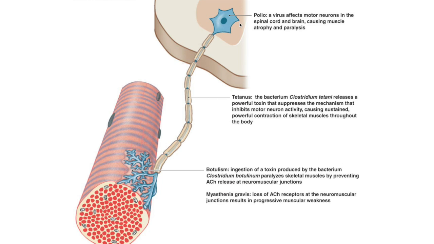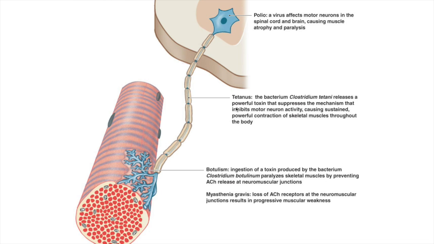First, polio. Polio virus attacks motor neurons in the spinal cord and brain. And if the muscle can't get the signal to contract from the motor neuron, then it can't be used. So that leads to paralysis and atrophy. Another thing that affects the neurons is tetanus.